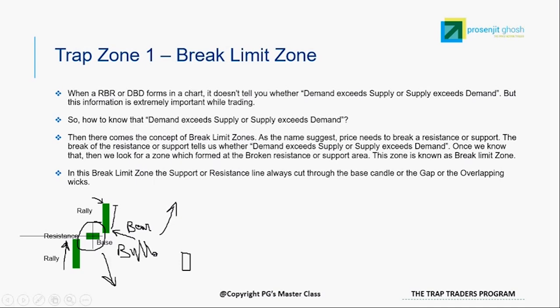Say there are 100 sellers. Earlier at the indecision point, there were 100 sellers as well as 100 buy orders. That is the reason this candle has equal wicks also.